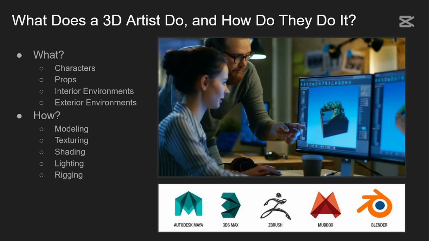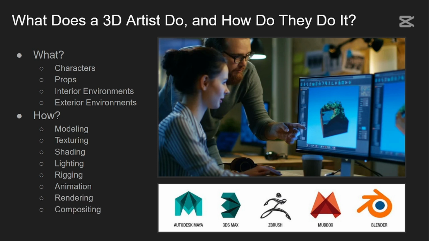So you create all kinds of stuff with this. You model, you texture the model so that it has some kind of color or surface. You shade it. Shaders are ways to make it look different based on different physical properties. You light it. Rigging is when you have a character, the skeleton that allows them to be moved and adjusted.